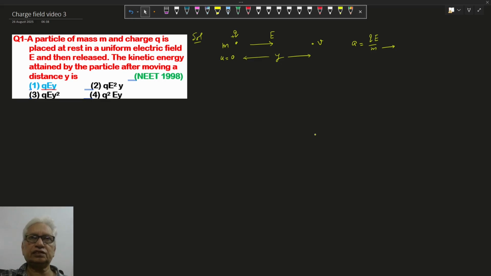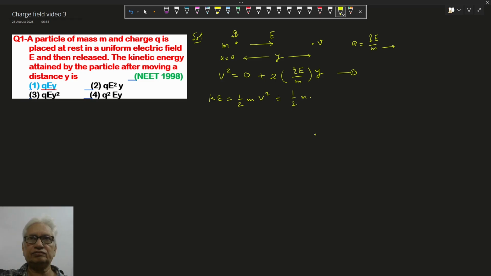So using the third equation, v square equals u square plus 2as, and kinetic energy is given by half mv square.